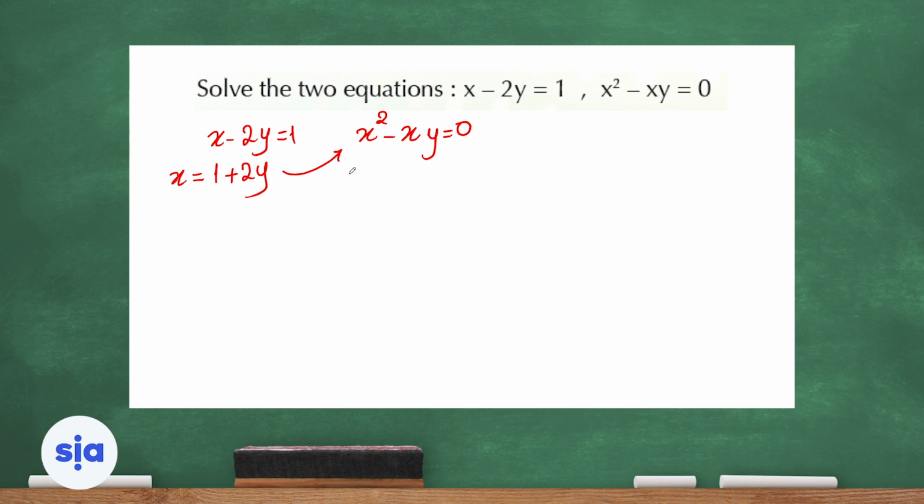So here, it's (1 plus 2y) all squared minus y multiplied by x equals 0.